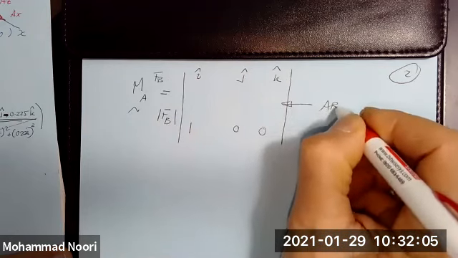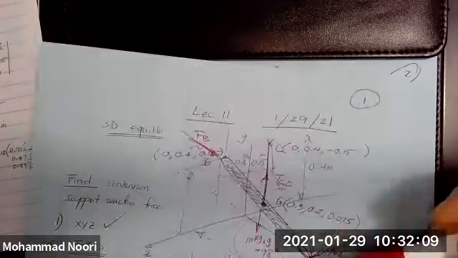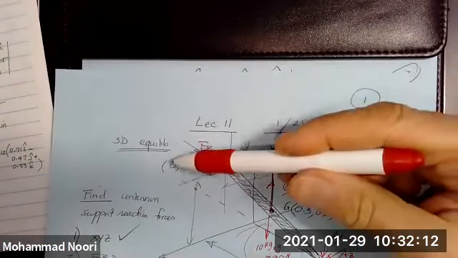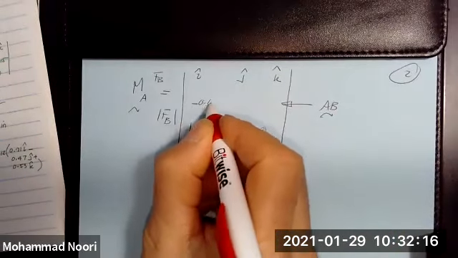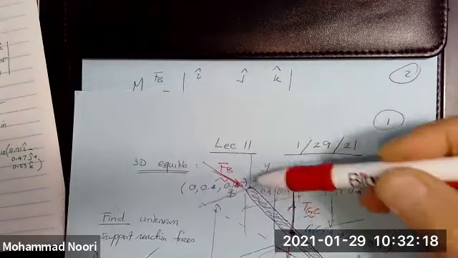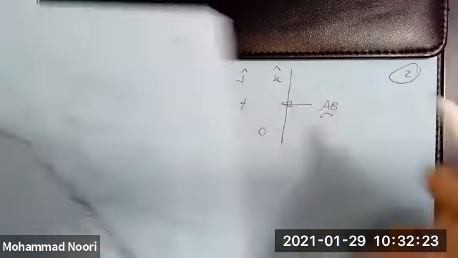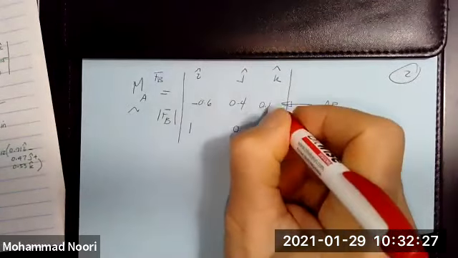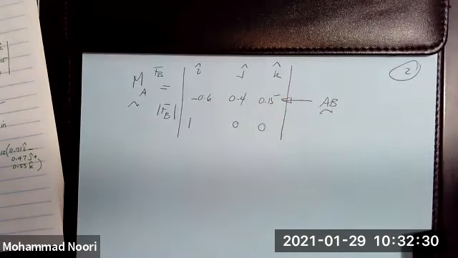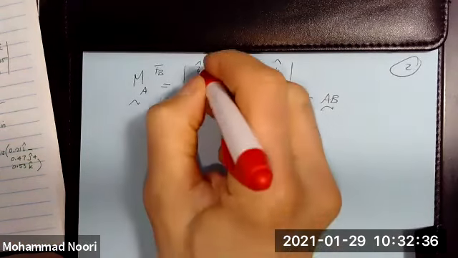I have AB. What is AB? This position vector is 0 minus 0.6, so negative 0.6. Then 0.4 minus 0, so 0.4. Then 0.15 minus 0, so 0.15. So that is the moment of that force about A. So let's expand this.